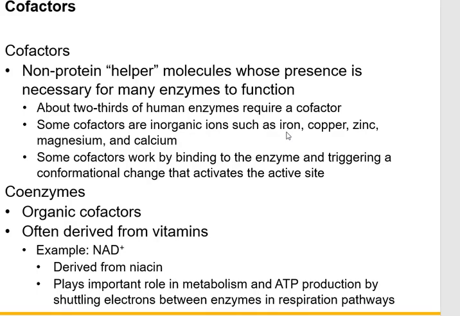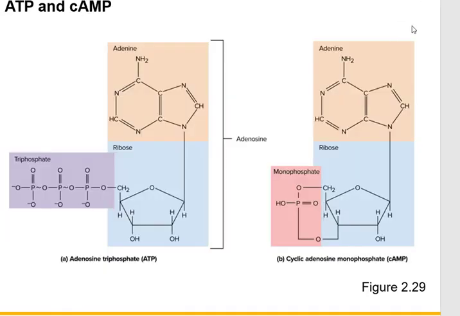You don't have enough iron for your blood to carry oxygen. You don't have the copper that'll allow the enzyme to work. So you need a certain amount of this in your diet. And then we're going to talk about coenzymes, which are larger things, vitamins, nicotinamide adenine dinucleotide. How's that? We just call it NAD for short.